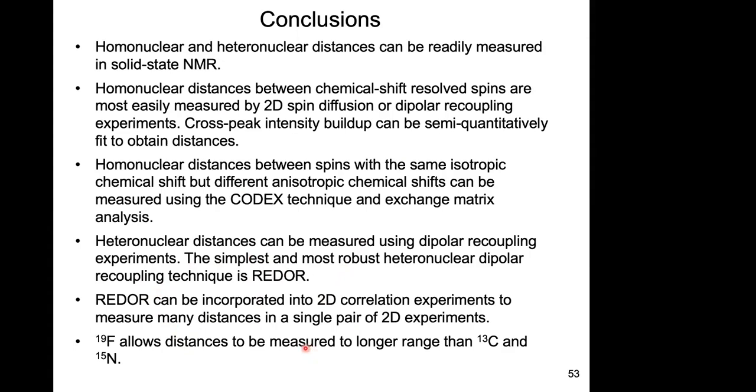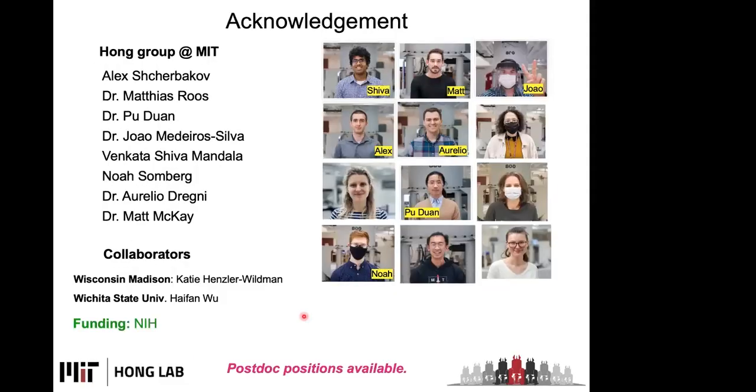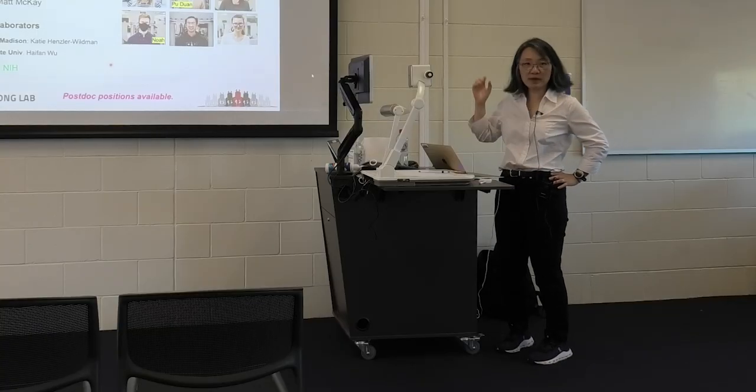And I should mention that 2D REDOR for carbon nitrogen was developed by Chris Rienstra and Bob Griffin some years ago, and we're here basically taking things in a different way to fluorine. Of course, fluorine spins can allow us to measure distances to much longer range than C13 or N15. So with that, pretty much I want to stop.